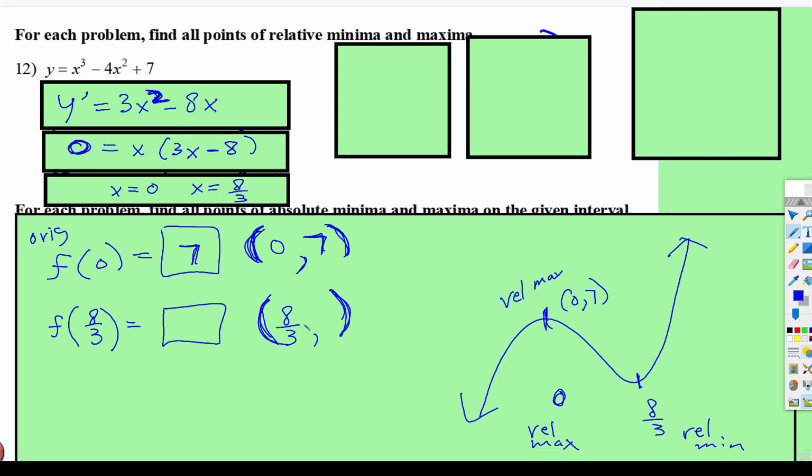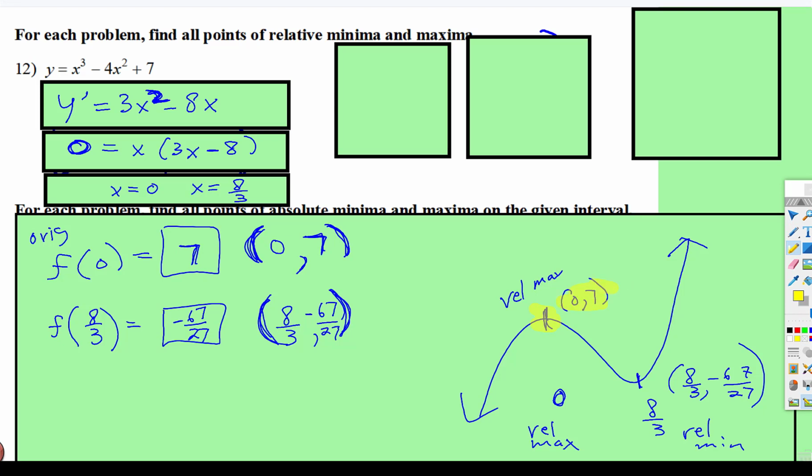So I'm going to hit second, the ABC button, and that gives me negative 67/27. Just like that. So this relative min down there is 8/3, negative 67/27.